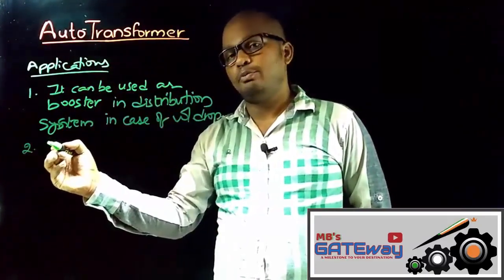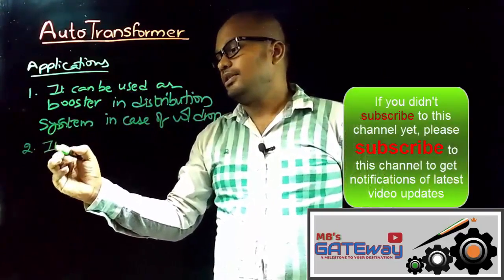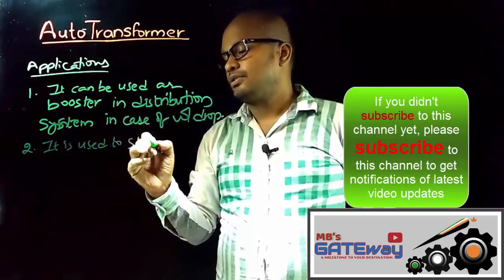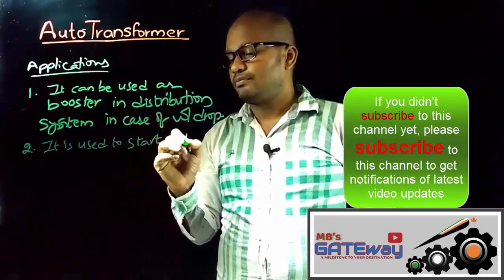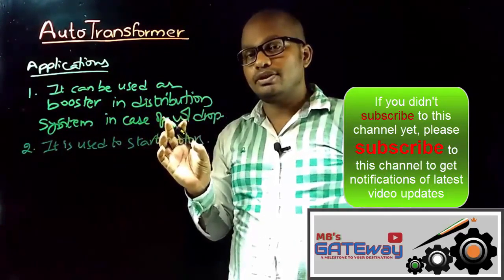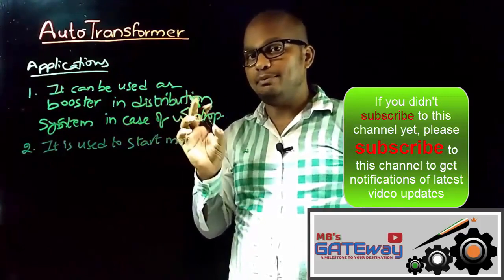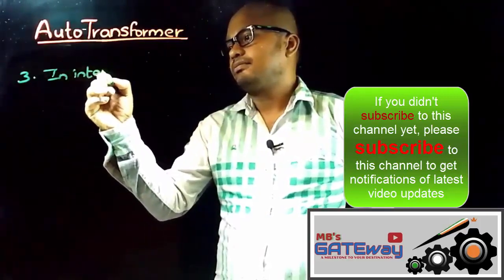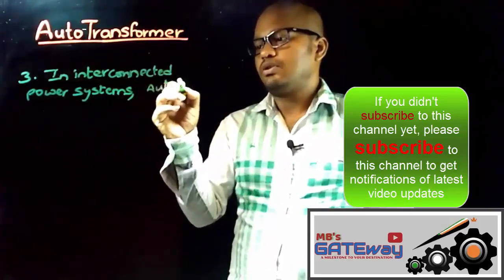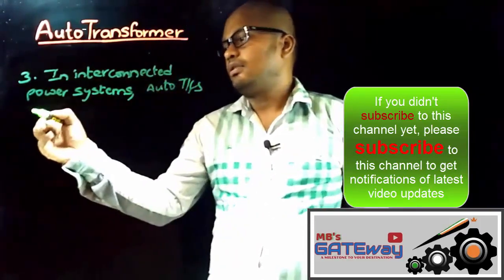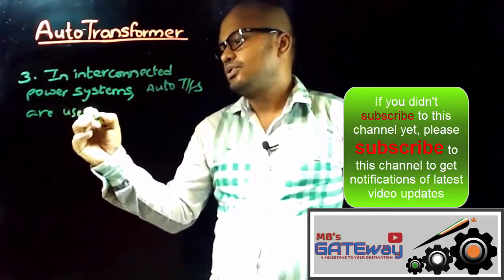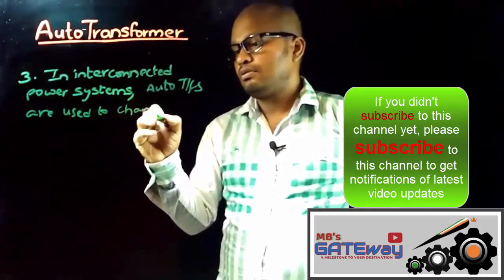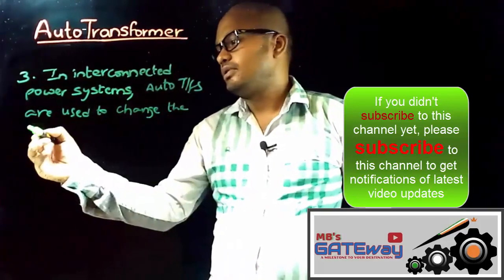And the second important point is, it is used to start motors, because few motors can't be started directly by applying the input voltage. And in interconnected systems, autotransformers are used to change the voltage levels.